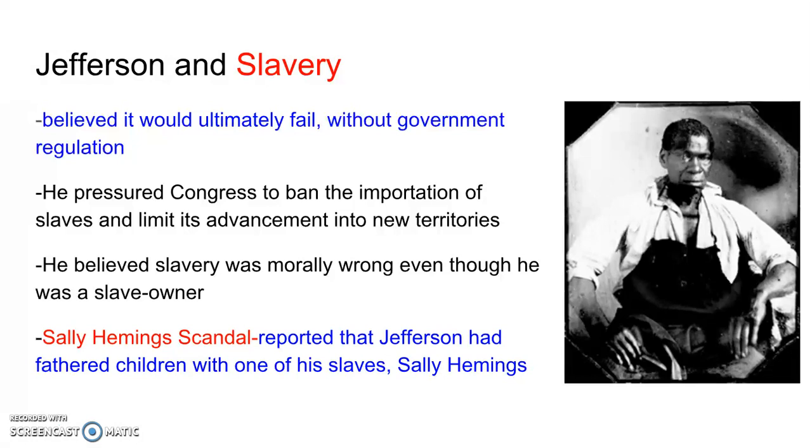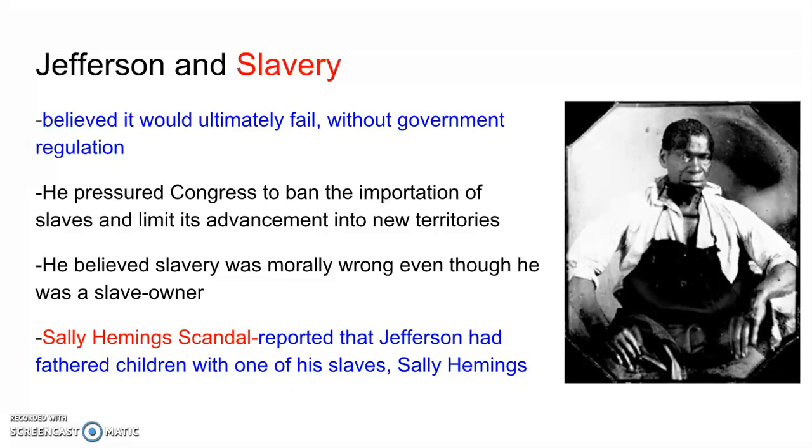Now, he did, however, pressure Congress to ban the importation of new slaves and limit its advancement into new territories, to keep it from spreading, just keep it contained where it was. He believed slavery was morally wrong. However, he was a slave owner, so you have some of that hypocrisy there. Now, the big issue is you have the scandal erupt when he is president, known as the Sally Hemings scandal.